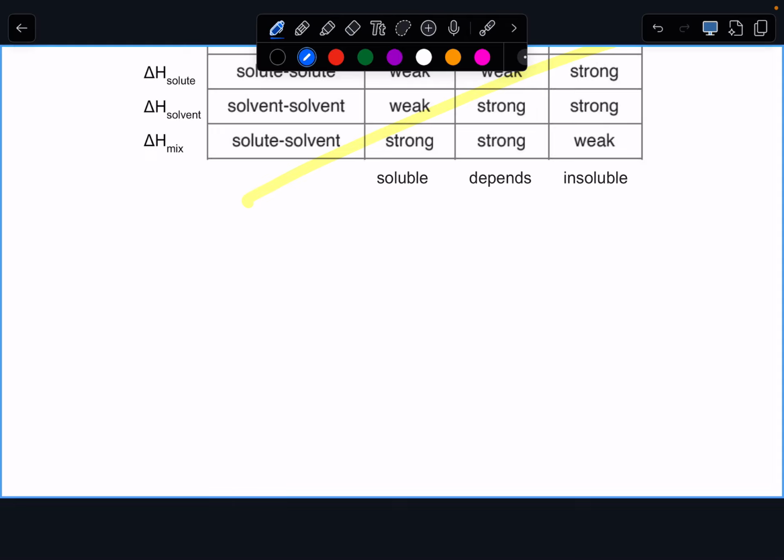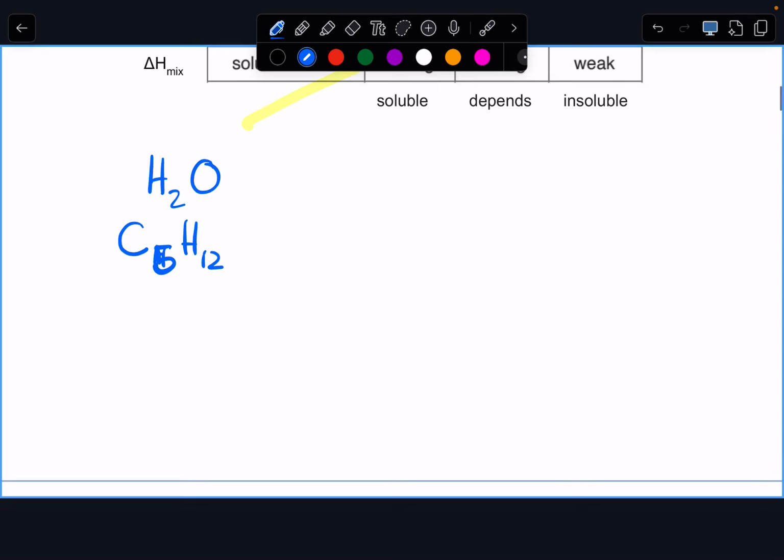So if I wanted to try to mix water and pentane, that's supposed to be a 5, okay? Step 1, breaking apart the pentane. This is going to be my solute, by the way. Okay, so pentane is carbon hydrogen, it's nonpolar, it's dispersion forces, so they're pretty weak. So breaking apart shouldn't take a whole lot of energy.